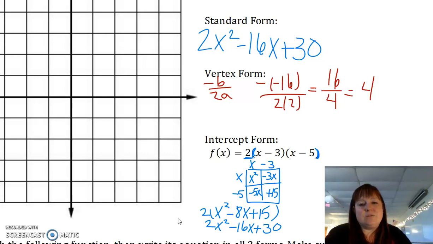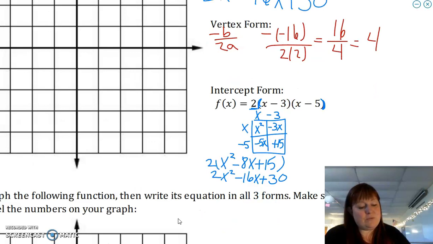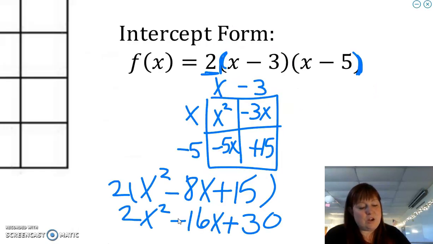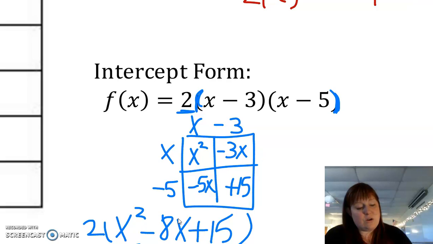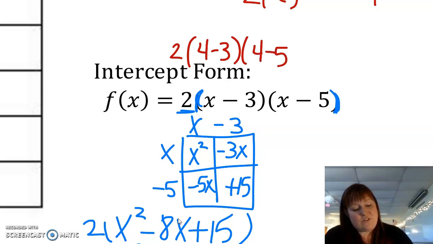So let's do it. Honestly, it doesn't really matter. We could put it in our intercept form or we could put it in our standard form. And I think it's going to be easier to put it in our intercept form, because look, that's actually going to be really easy. So we have 2 times 4 minus 3 times 4 minus 5.